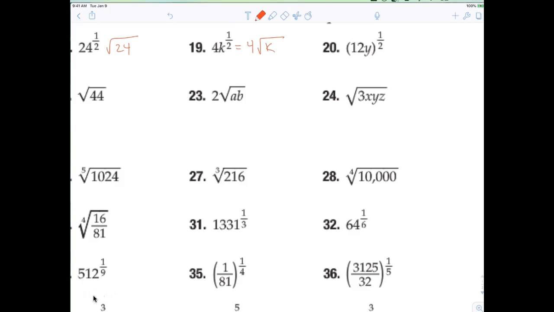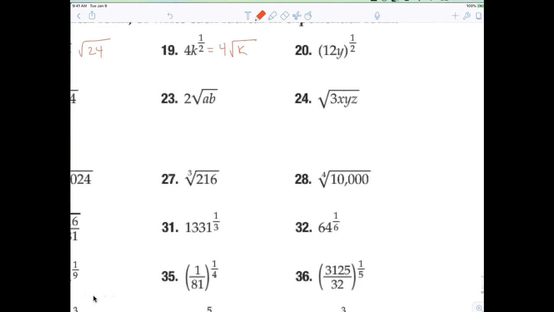The 4 does not have a square root. Does everybody hear me? But the k is square root. Now, does everybody see how this is in parentheses? So now, is the 12 under the square root? Yes. So this is the same as the square root of 12y. Is that making sense?